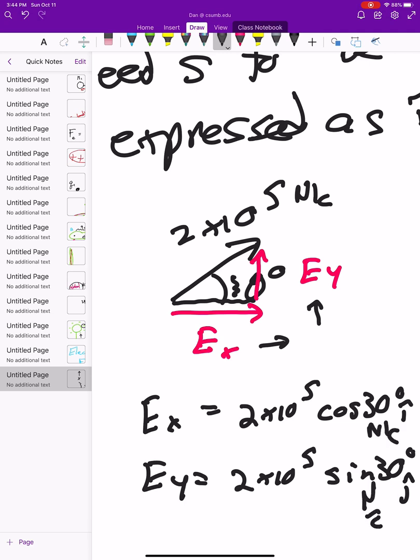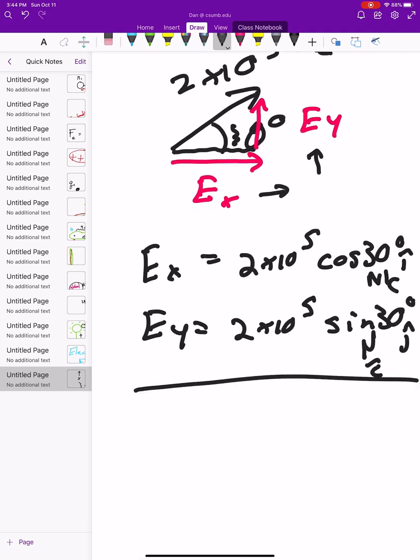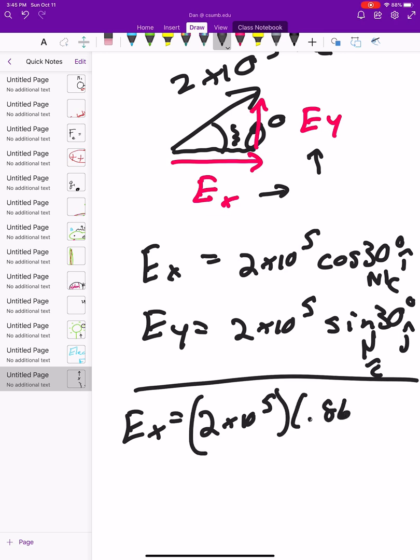So I just have to solve for cosine of 30 times 2 times 10 to the 5th, and then I'll have my answer. So Ex equals 2 times 10 to the 5th times 0.866 newtons per coulomb i hat.